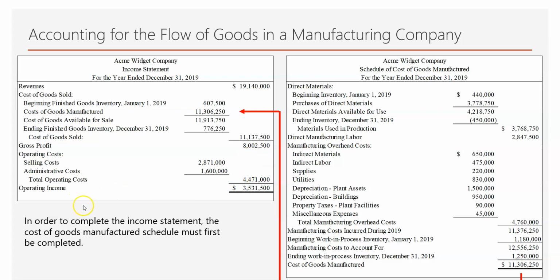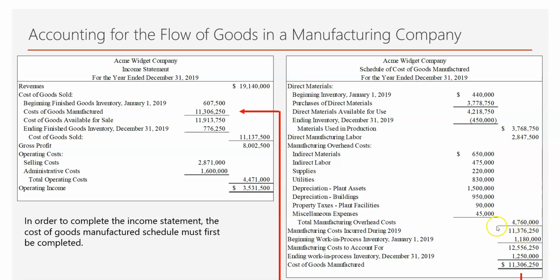Now, one thing I want to note here is that in order to compute this cost of goods manufactured, we are also going to have to compute a cost of goods manufactured statement. So if we want to know the cost of goods manufactured for the income statement, I've now got to do a schedule of cost of goods manufactured. When I compute my cost of goods manufactured, I'm going to calculate the direct materials used in production, direct manufacturing labor, and manufacturing overhead costs.